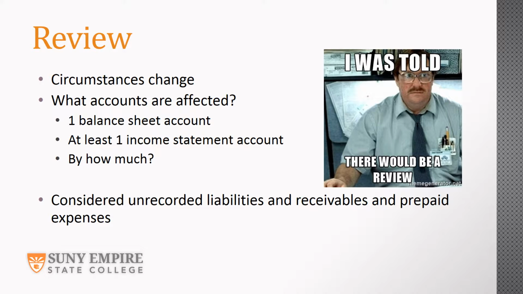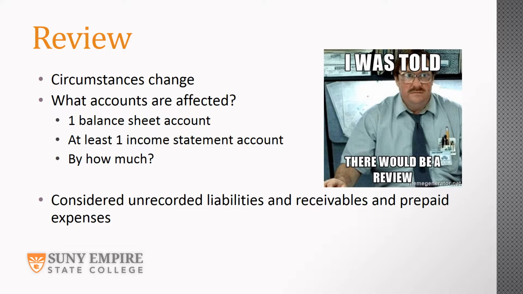In the previous resource, we realized that circumstances change in the business world. Sometimes we miss things that have economic effects on our company, and we must make some adjusting entry at the end of the month. Our general process in creating these adjusting entries is rather straightforward.